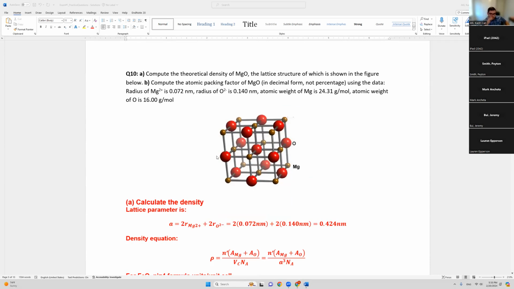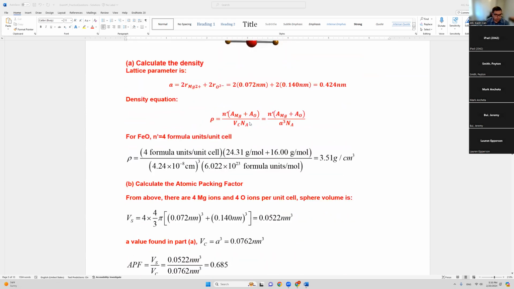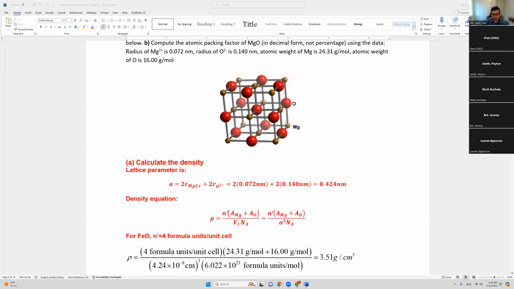Compute the theoretical density of magnesium oxide, the lattice structure of which is shown in the figure below. B, compute the atomic packing factor. And we are given some data, radius of magnesium +2, radius of oxygen, and atomic weights. So we again use this density formula, but this time we have two elements instead of one element like we solved in the previous question, which was gold.